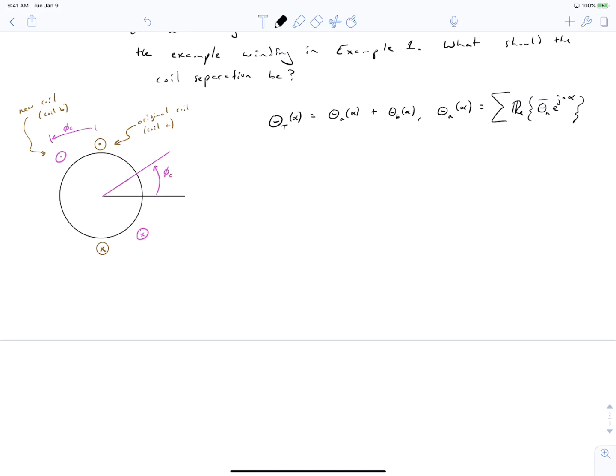And so we've got the expression for our original coil here, and now we'll create an expression for our new coil. And so the new coil is rotated by phi c from the first coil. And so we subtract, to express that, we take alpha minus phi c.